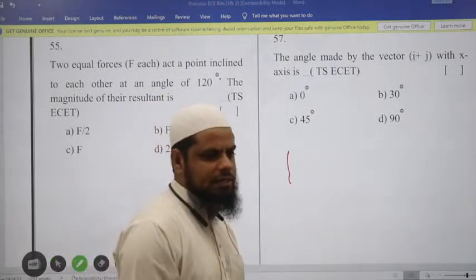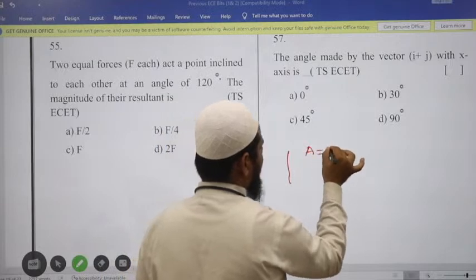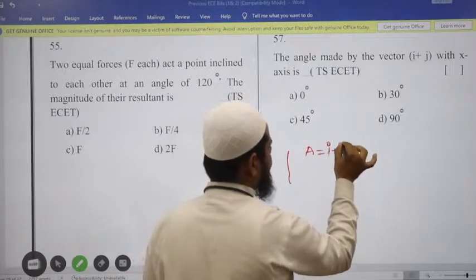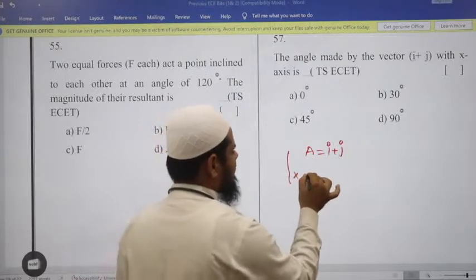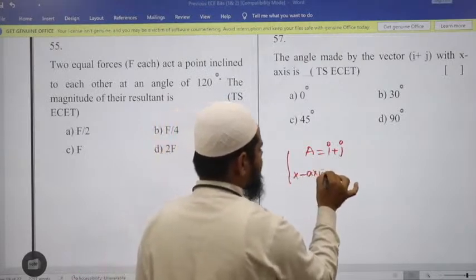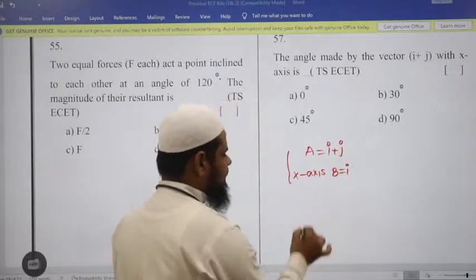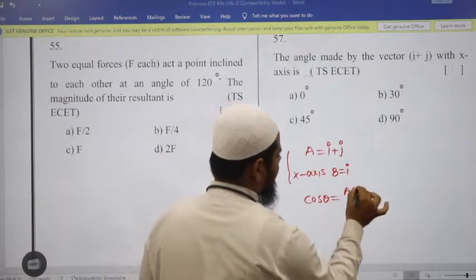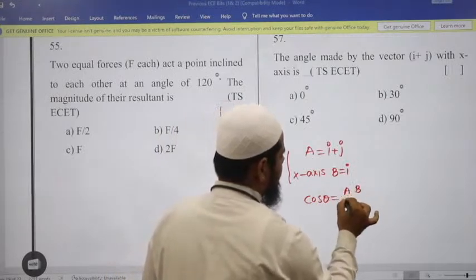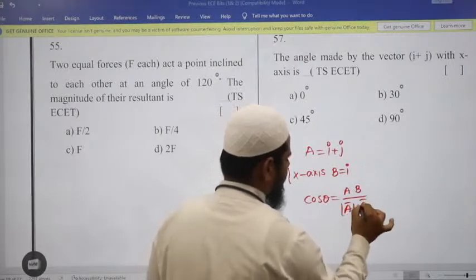He has given that A is equal to i plus j. What is the angle made by it with the x-axis? X-axis means the B vector is i. Then cos theta is equal to A dot B by mod A mod B.